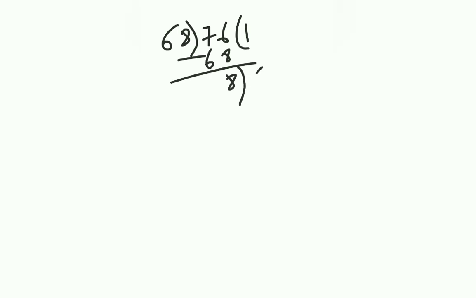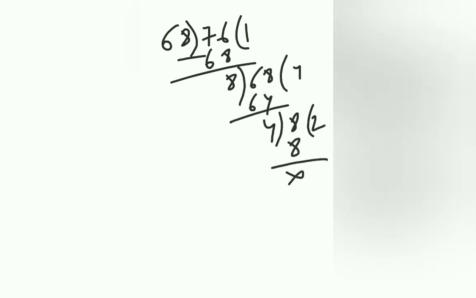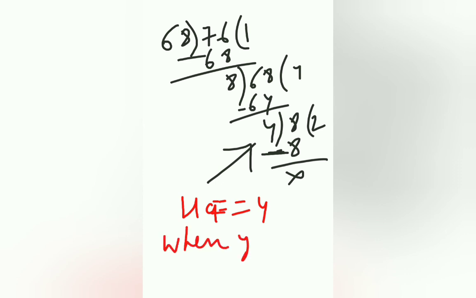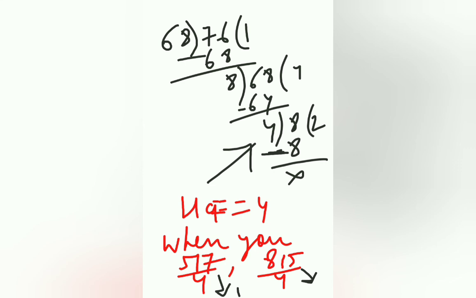After finishing the division process, you can see the HCF is 4, the last divisor. When you divide 517 by 4 and 815 by 4, you will have remainders 1 and 3 respectively.